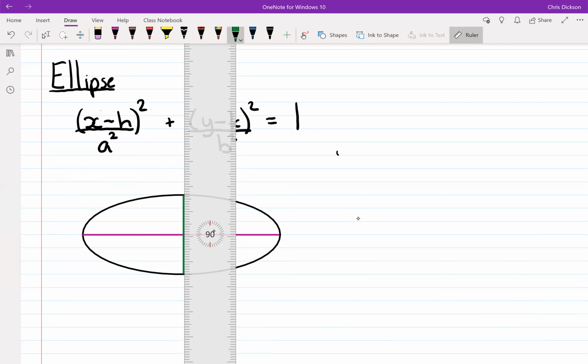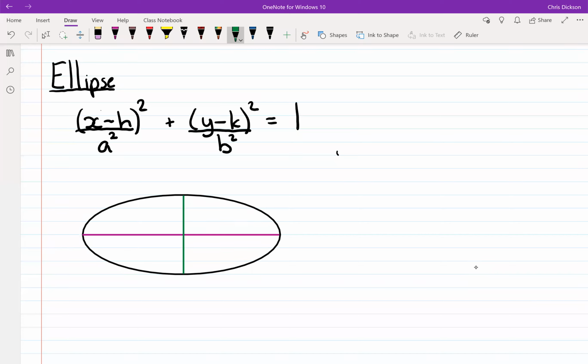I'm just going to draw these in first before I put letters on. So hopefully I've got the center approximately. There we go. Okay, so the center, I'm going to put a blue dot here. The blue dot is the center of the ellipse. And this purple axis here is what we refer to as the major axis.